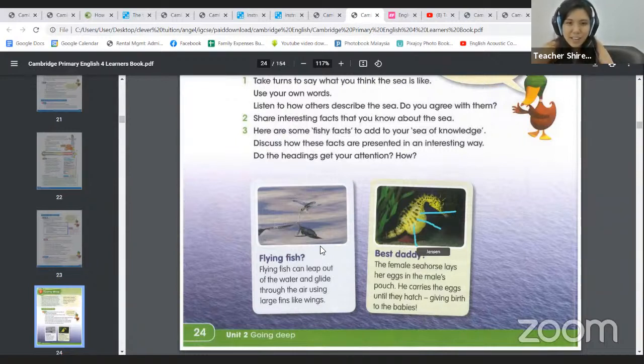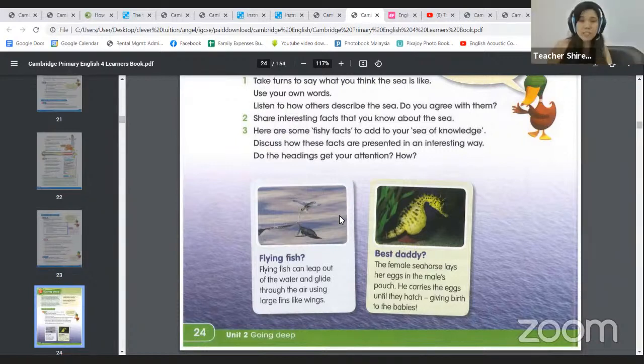Then I'm also going to show you what flying fish are about. Fish can fly? Now you will know a lot of weird stuff from teacher Sherry. A bird that can swim? Who's the bird that can swim? You've got to pay attention.